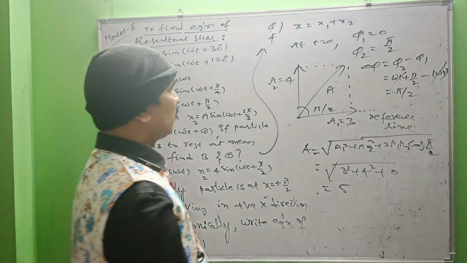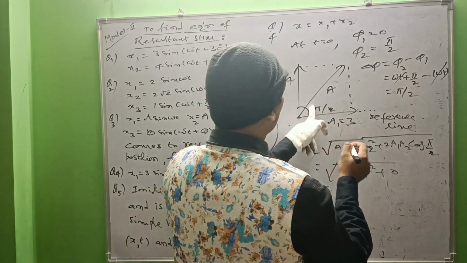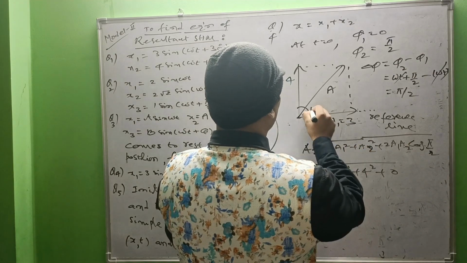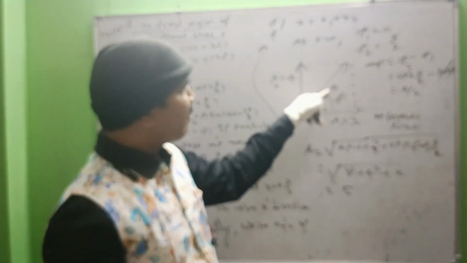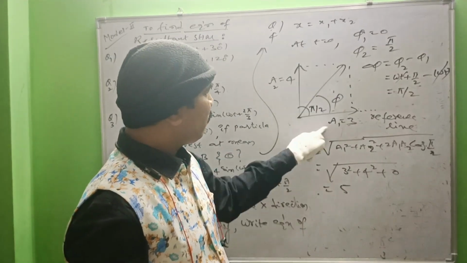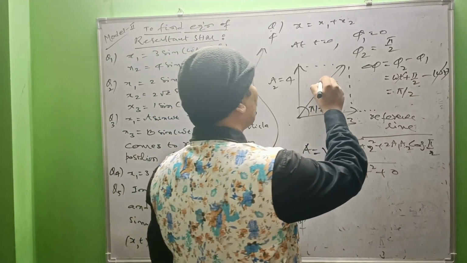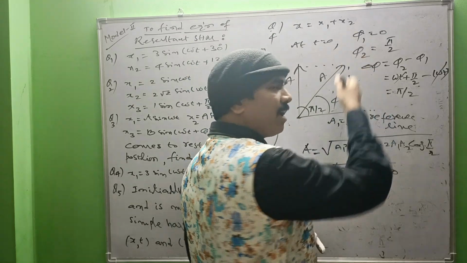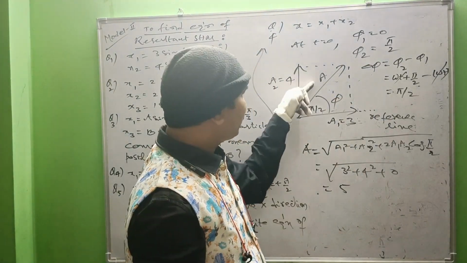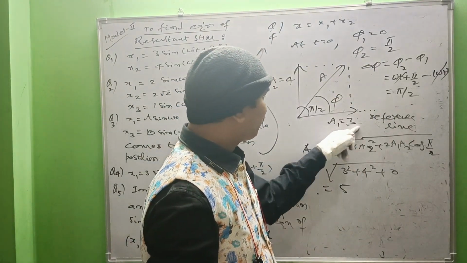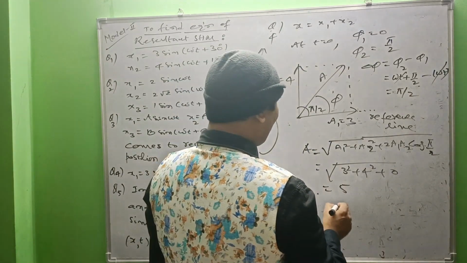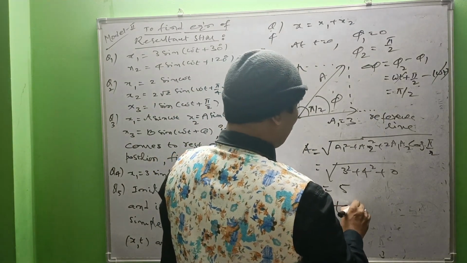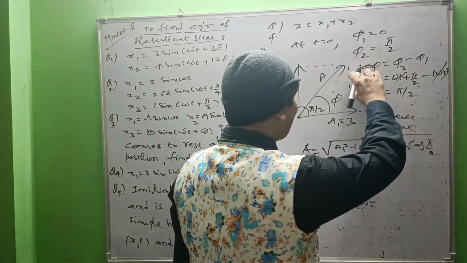What is the phase? Let phi be the angle made by the resultant amplitude with one of the parent vectors, say A1. See, this is the resultant amplitude of the resultant oscillation, which makes an angle phi with A1. From the diagram, tan phi equal to opposite side by adjacent side.